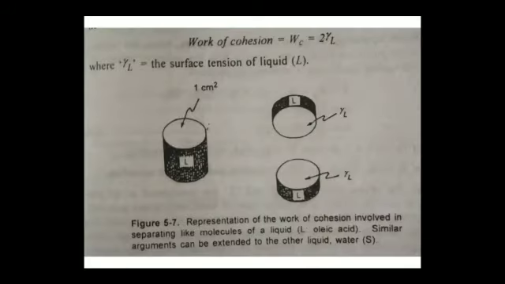Initially, the liquid oleic acid has one surface of 1 square centimeter. By the application of cohesive forces, it is divided into two new surfaces, and it will also have surface tension. So work of cohesion is equal to 2γL.